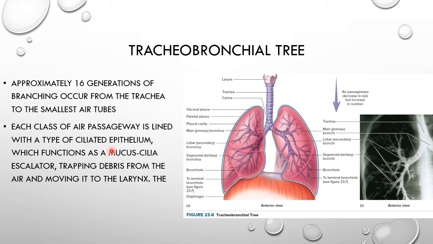Inner surface of the passageway. So, ang kanya is ciliated, meaning there are hair-like projections, and these hair-like projections, no, you call them cilia. Okay, that's why it's called ciliated epithelium. This functions as a mucous cilia escalator.